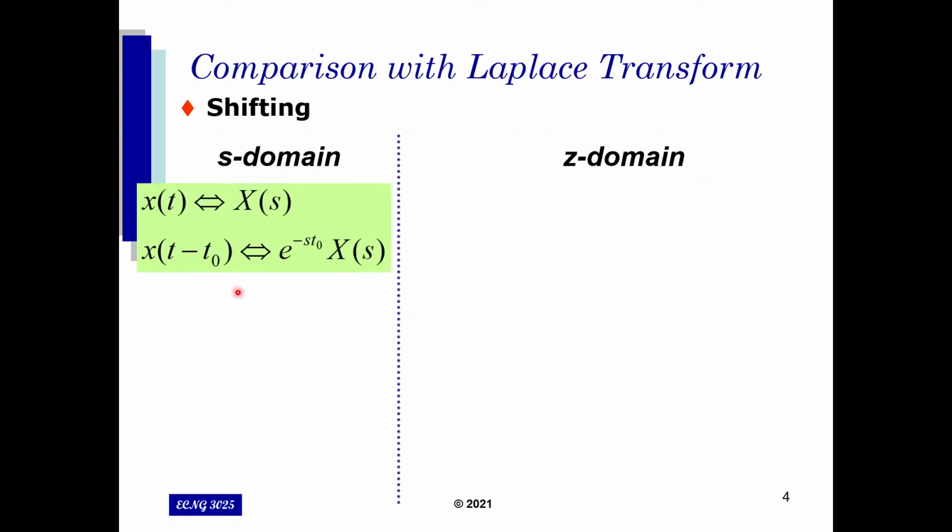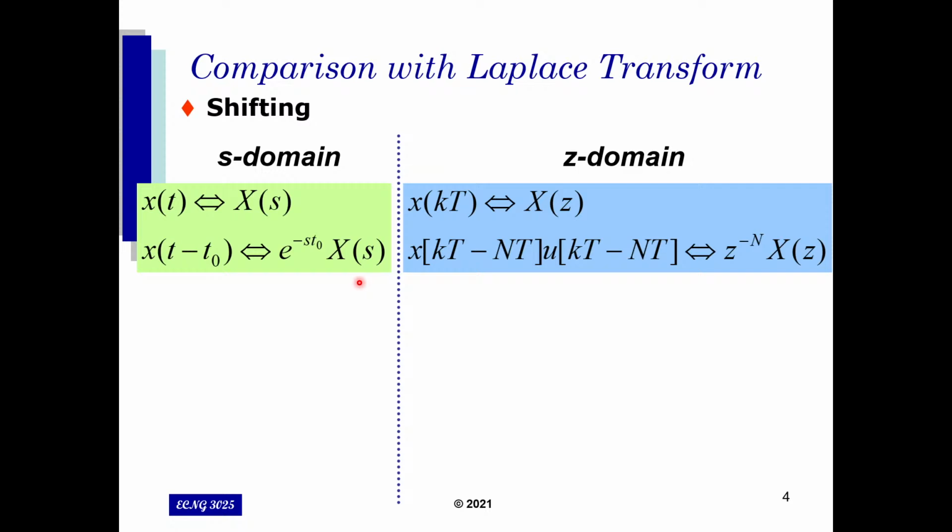For the shifting property, x of t minus t naught in the Laplace domain is e to the power of minus s t naught times x of s. In the Z domain, for a shift x of kt minus nt multiplied by the similarly shifted unit step, the equivalent is z to the power of negative n, where n is our shift, multiplied by x of z.